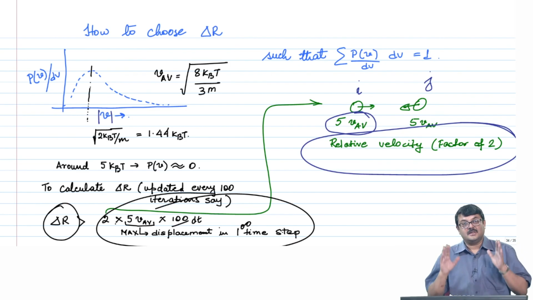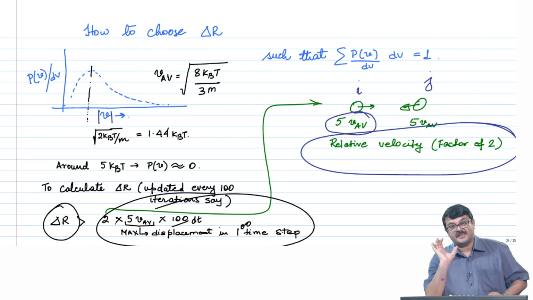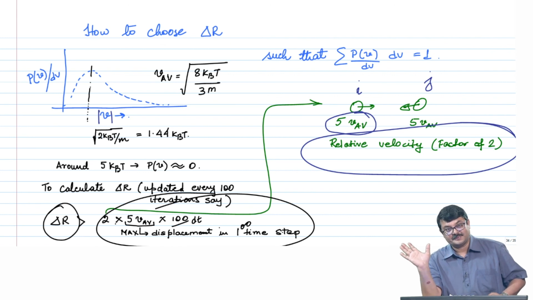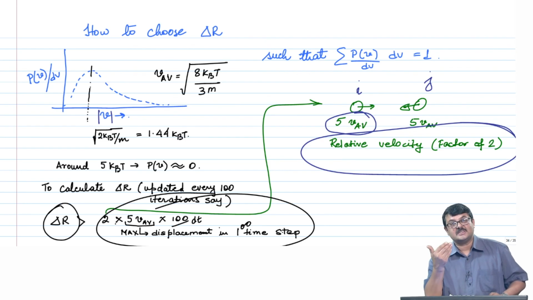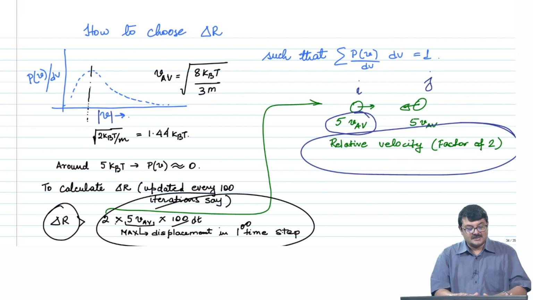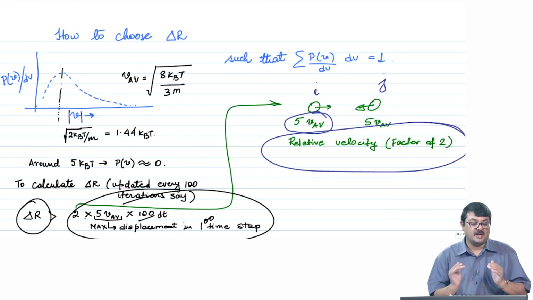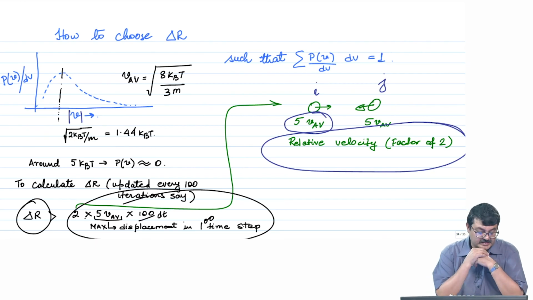So, the point is delta r keeps enough margin so that a particle which is far away does not come in and start interacting within the number of iterations over which you update your neighbor list. So, if you update your neighbor list every 100 iterations, this is the maximum distance that the fastest pair of particles can travel, can reduce the distance between each other, and delta r should be at least greater than this number.